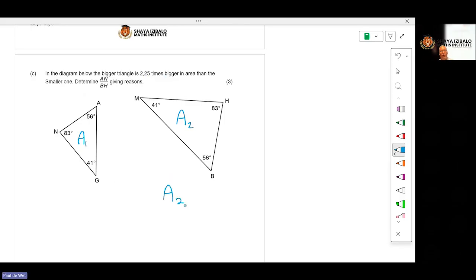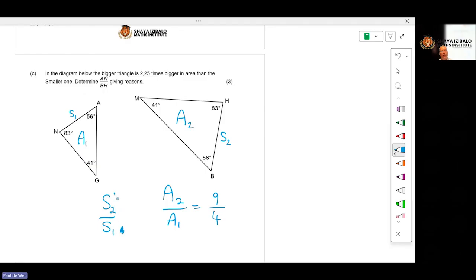So area 2 over area 1 is 9 over 4. But remember, if we take a side 1, and look which side I've taken, I've taken the one opposite the 41 degrees. So I'm going to take this side 2, also opposite the 41 degrees. Side 1 over side 2, side 2 over side 1.